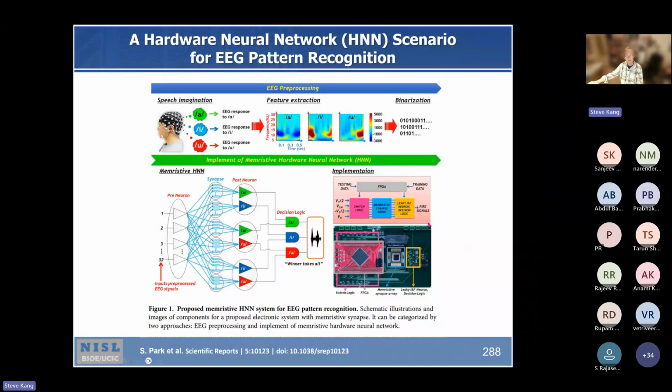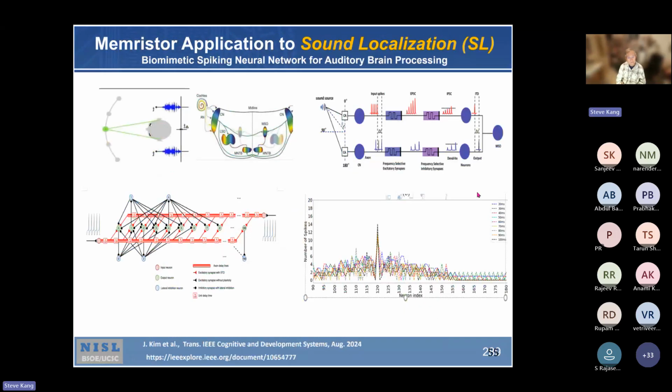This is a hardware implementation, and it was applied to them, right? Now, this was done in collaboration with a professor at Sungkyunkwan University in Korea and UC Santa Cruz. My group published it in IEEE Transactions on Cognitive and Developmental Systems, August last year.